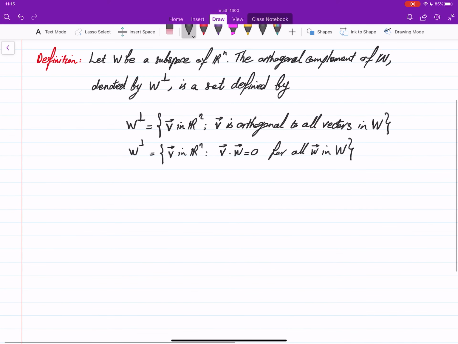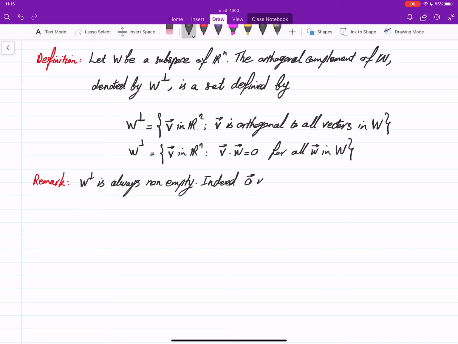Well, you may ask, is there always such a thing? So let me write a remark: W perp is always non-empty. It means that there is always a vector which is perpendicular to all the vectors of the given subspace. And indeed, the zero vector is always in W perp.